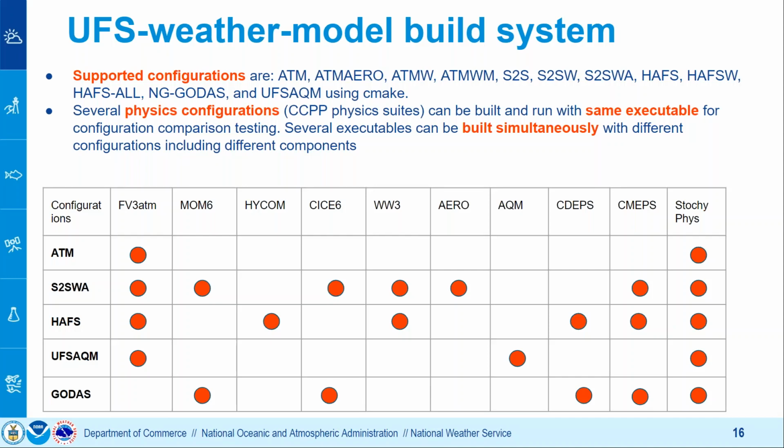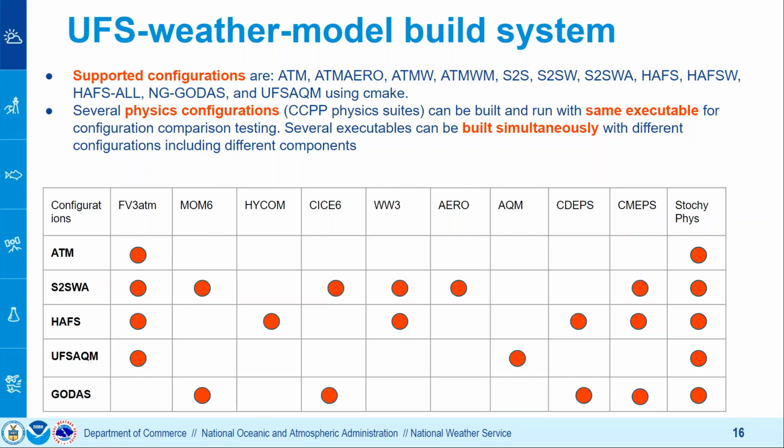On the table, basically, in the first column, I listed some major configurations, and you see which components are connected in that configuration. I want to mention that in this build system, a single executable can be compiled with several physics configurations, which we call the CCPP physics suite.